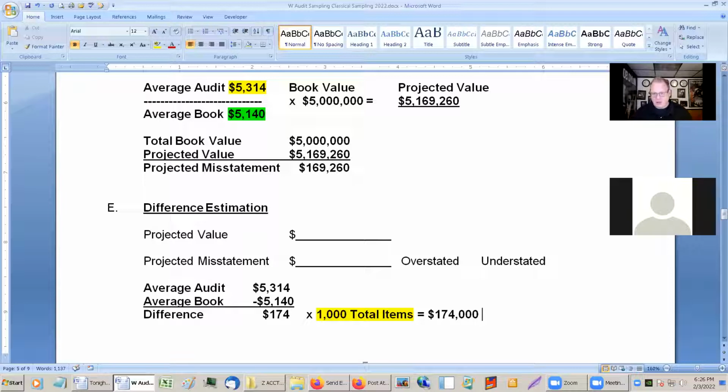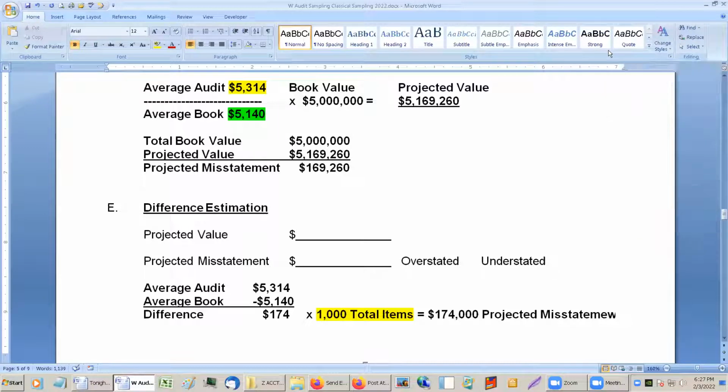So this would be the projected misstatement. All right, so this is our projected misstatement.